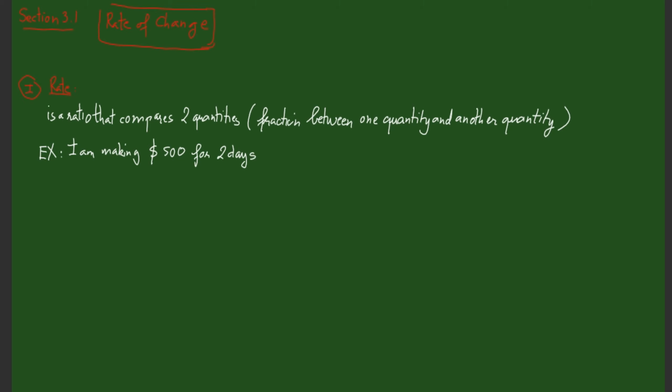So the first quantity is 500, the second quantity is 2 days. I can set up the ratio between them.